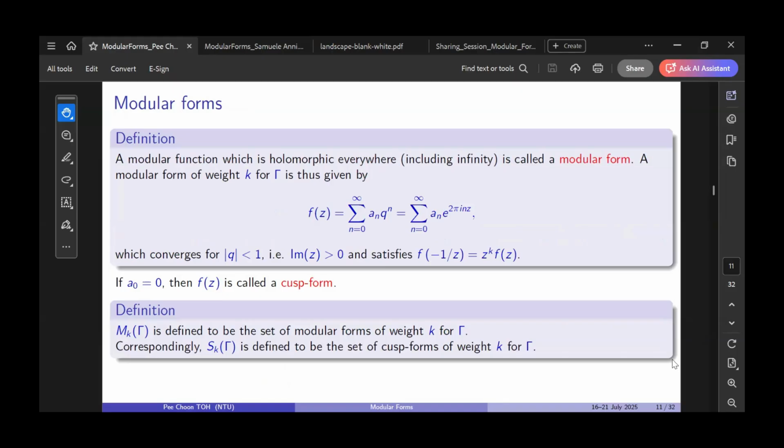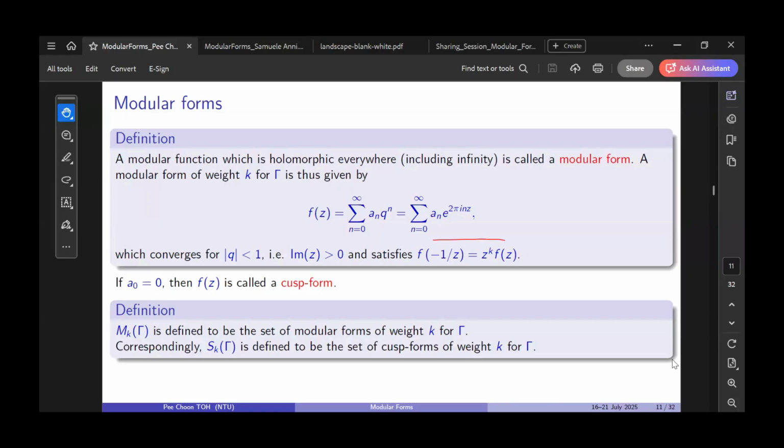A modular function which is holomorphic everywhere is called a modular form. So basically, it is a modular function which starts at n equals 0. For any n negative, a_n is 0, which means we can start from n equal to 0.